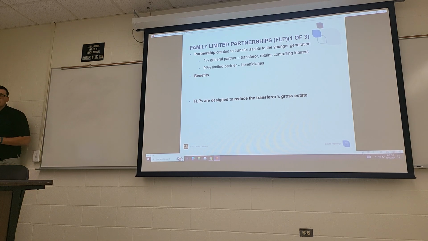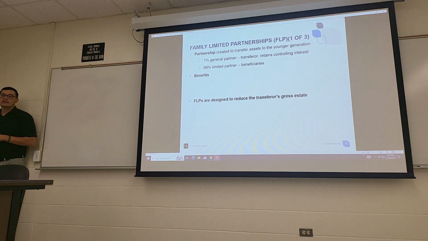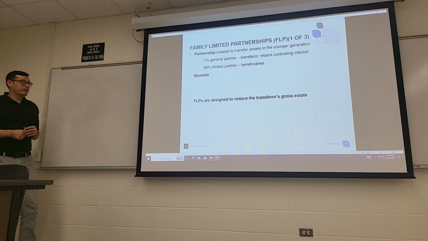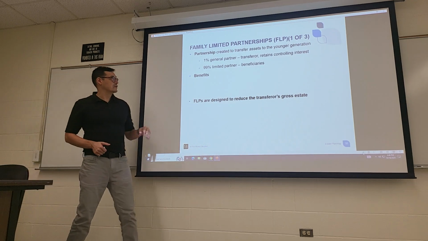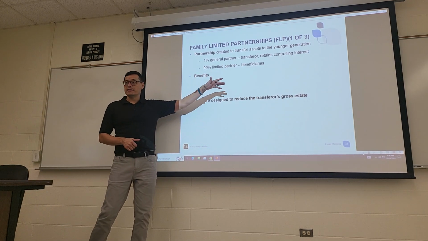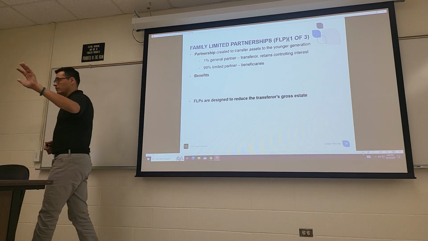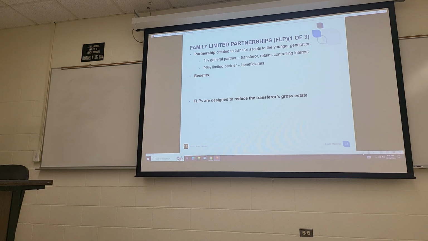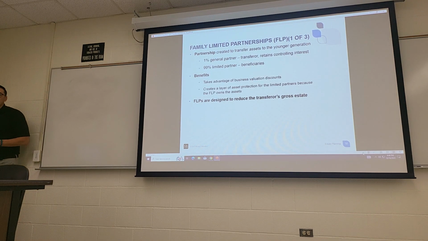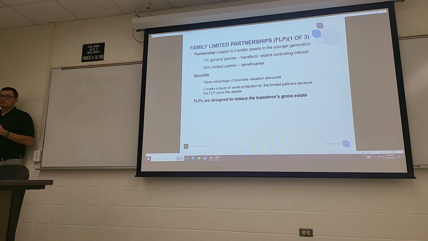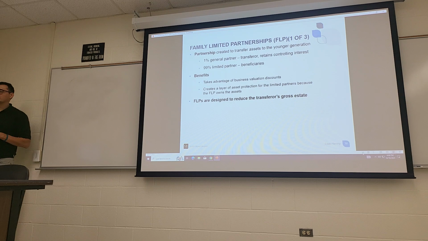And the 99% limited partnership is transferred somehow, using special techniques, to the beneficiaries. It could be grandma and grandpa on a farm, and they want to transfer this to all 15 grandkids. They are all considered beneficiaries. Now, when you sell hard to value assets, even to family, you can use what they call a business valuation discount.